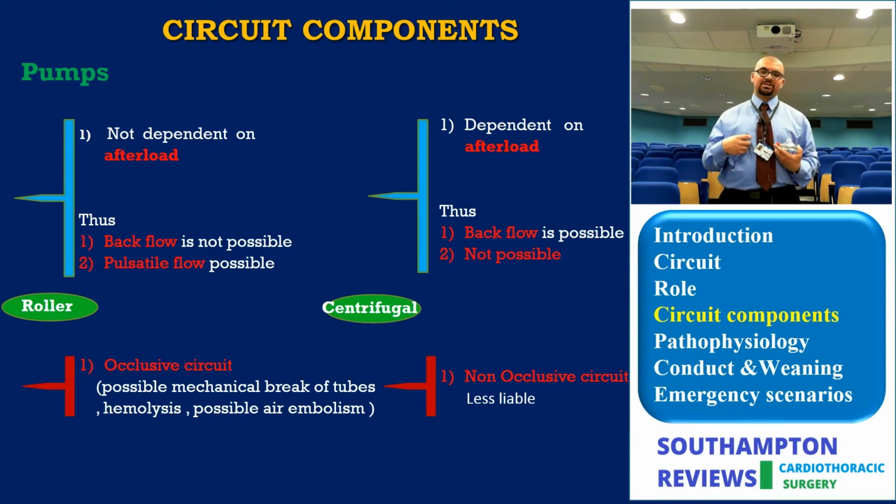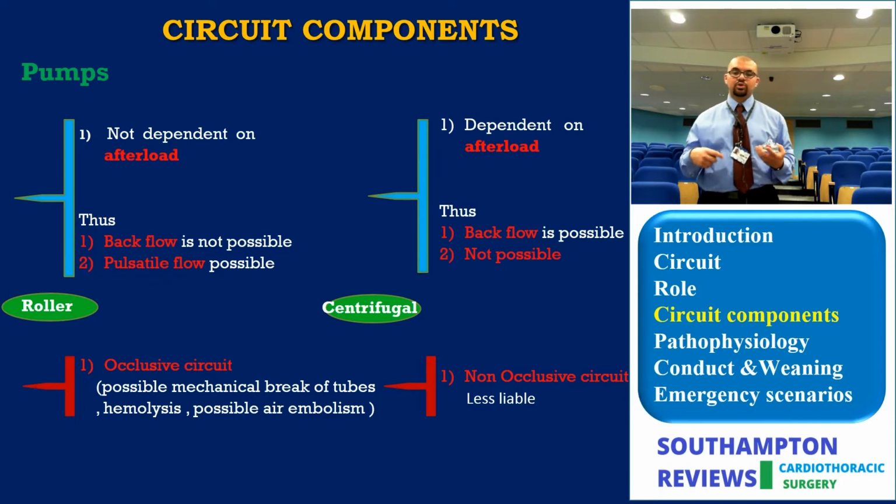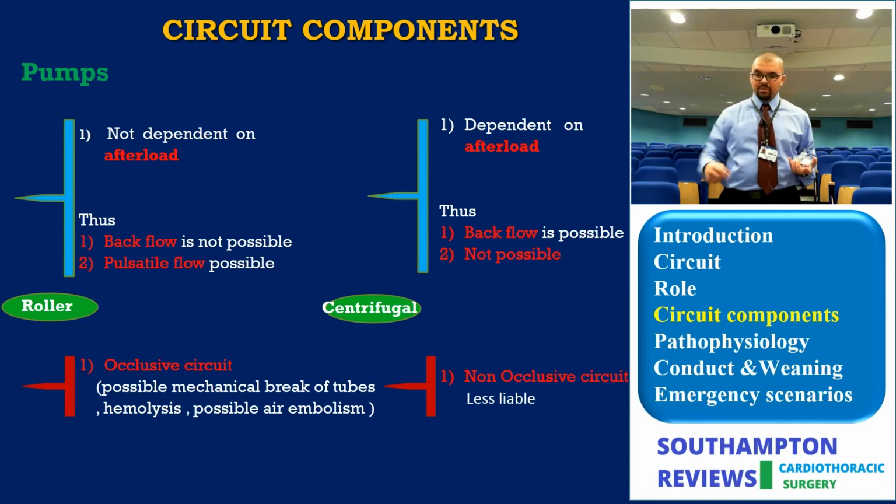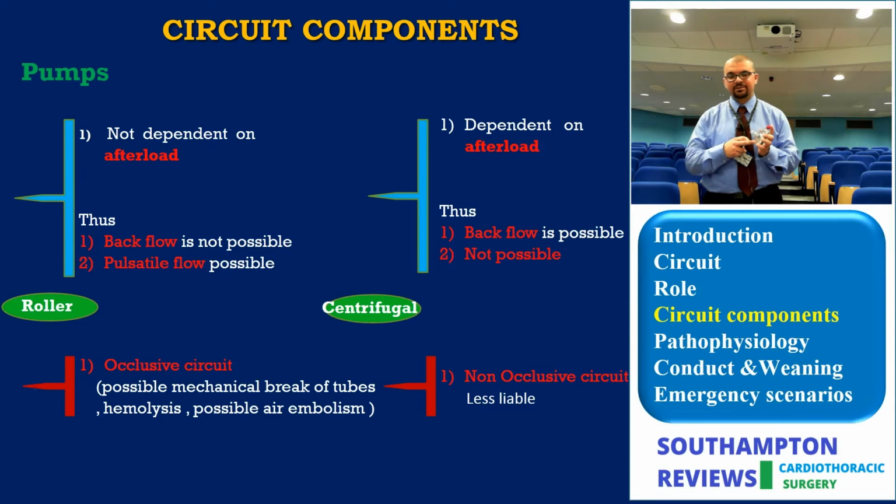So academically speaking, theoretically speaking, the roller pump is an occlusive circuit. The pump is pushing regardless of what's happening beyond the circuit, and hence there is a possible risk of breaking the pump or breaking the pipes, whereas in the centrifugal there isn't this effect.